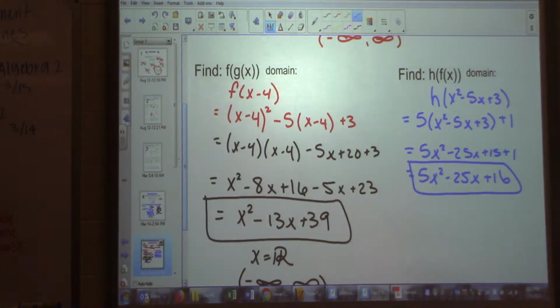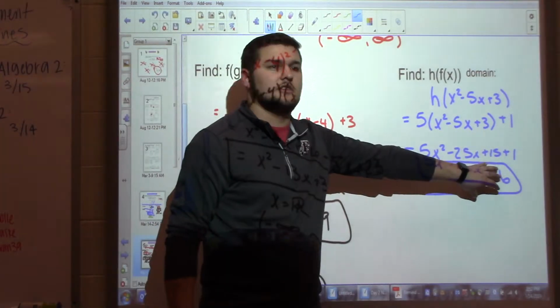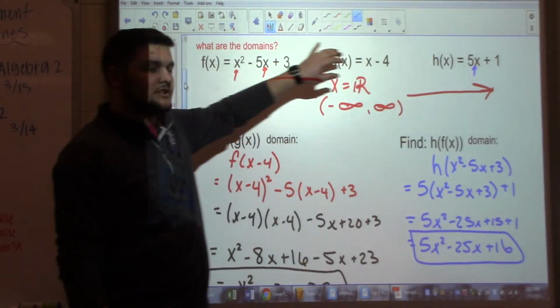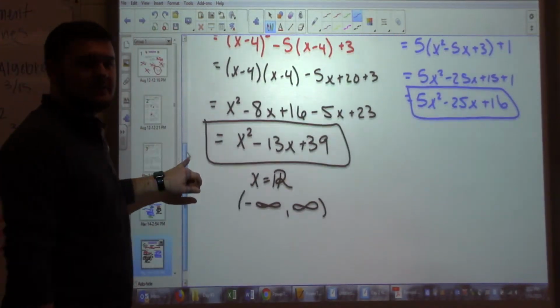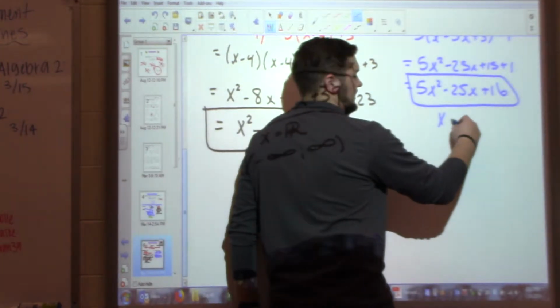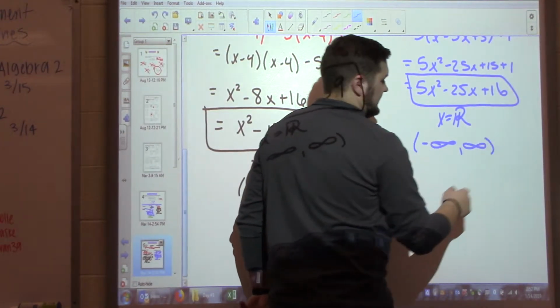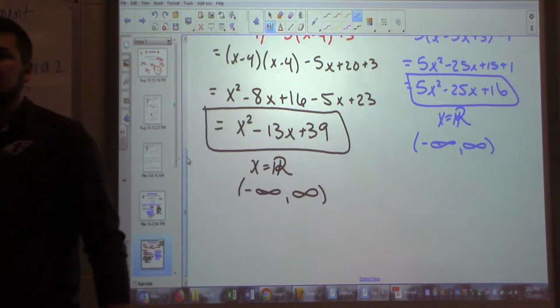Okay. Do I have any sort of restriction from this end result? No. Do I have any sort of restriction from my original functions? No. So, I'm clear, right? Sweet. X in the real number set. Negative infinity, positive infinity.